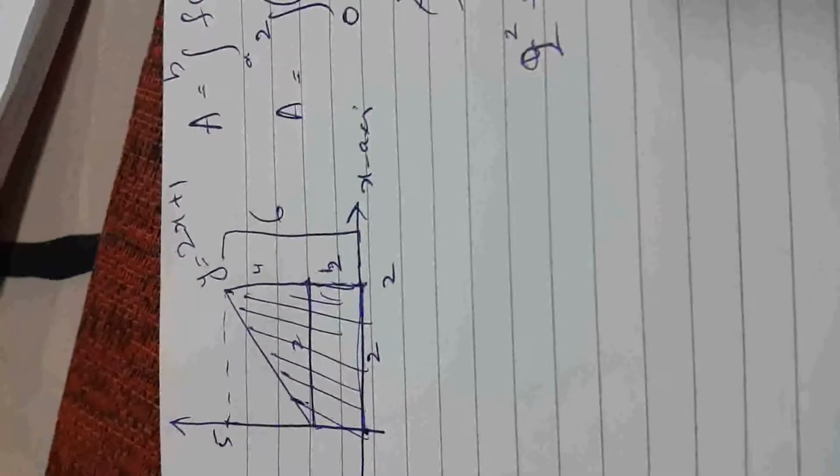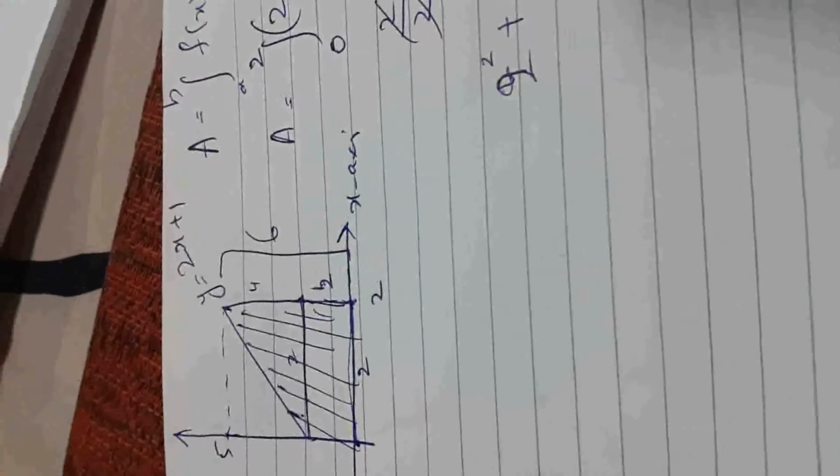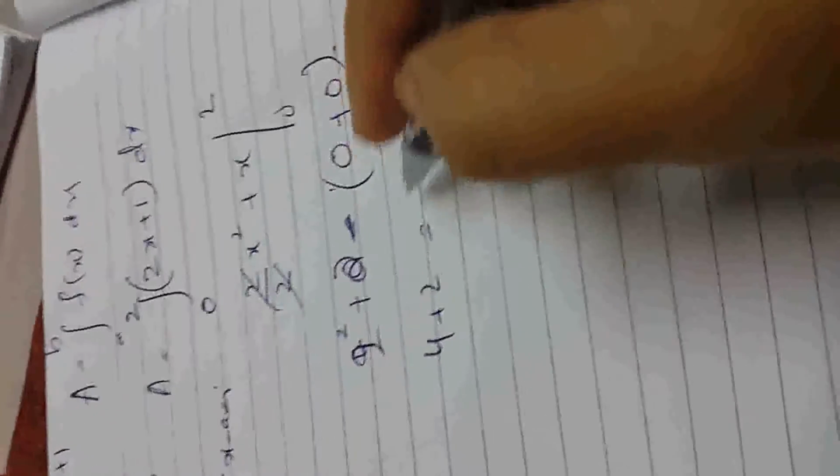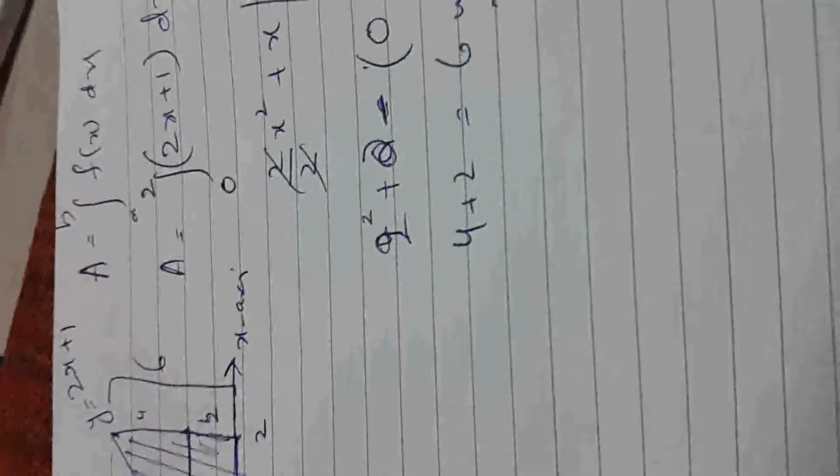That is 2 squared plus 2 minus 0 plus 0. It's 4 plus 2, which is equal to 6 square units. So this is verified as well.